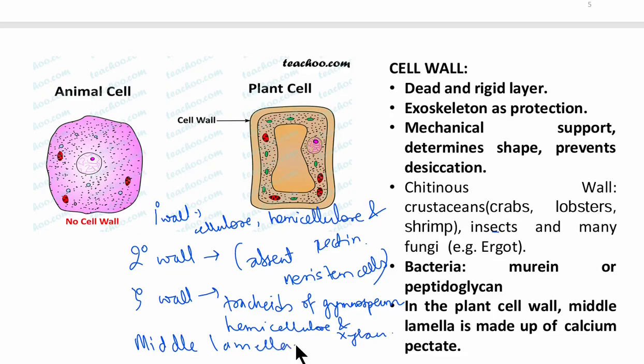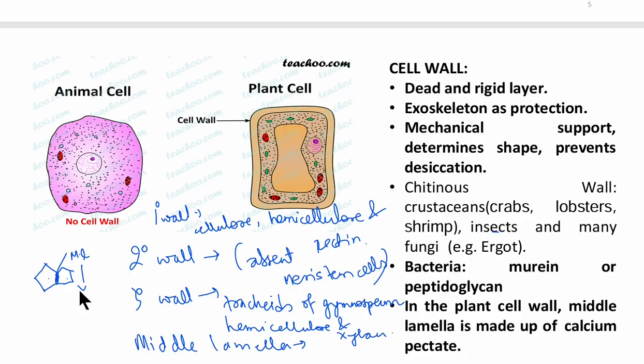Likewise, the last one is the middle lamella. The middle lamella is a cement material. You can just imagine, here is the middle lamella. It is a cement material between two adjacent cells.